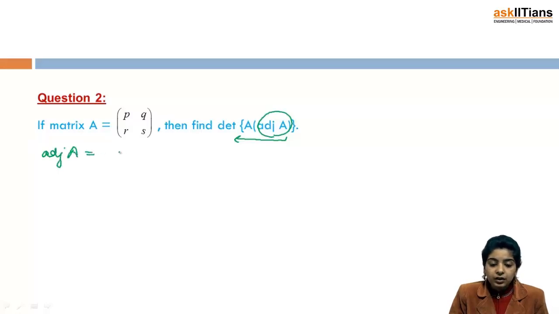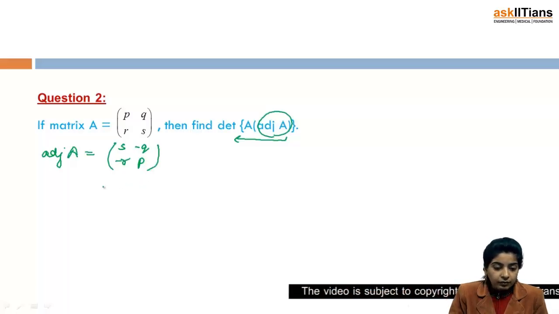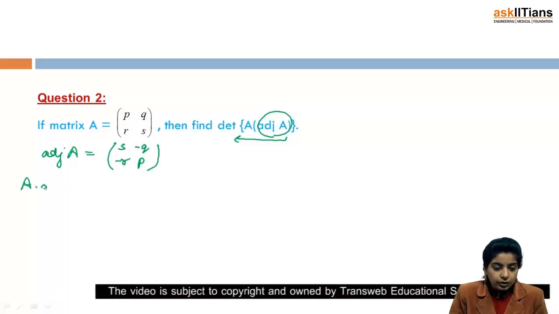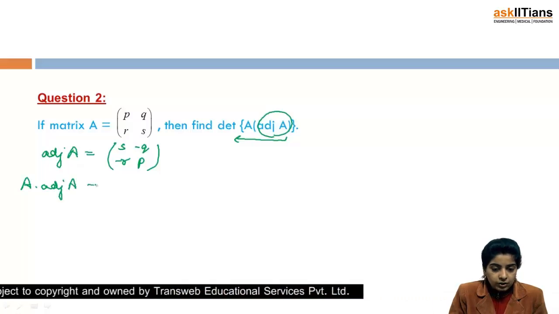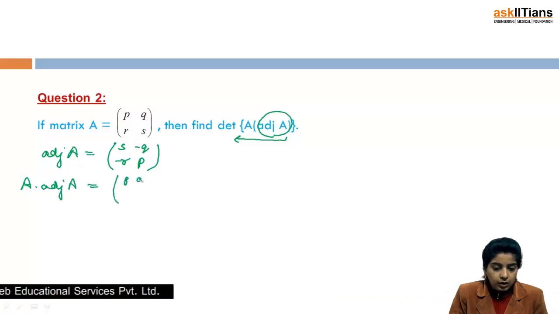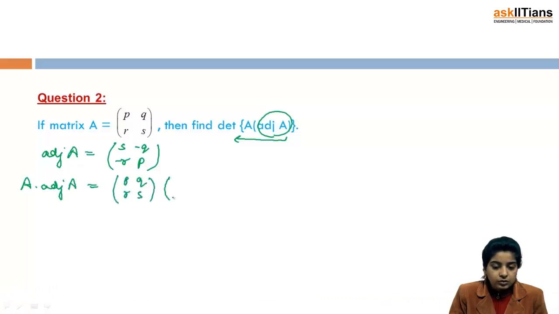And now again, as I've told you, in case of adjoint of 2 cross 2, you can directly compute it as swap the diagonal elements, negate the non-diagonal elements. So this is adjoint of A. Then I find out A into adjoint of A, which is PQRS into S minus Q minus RP.